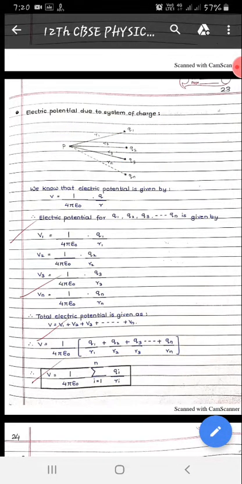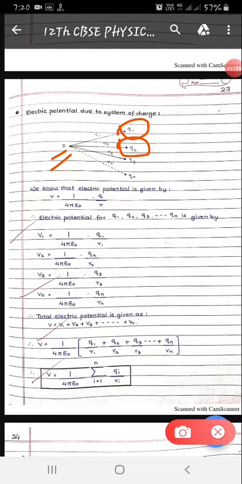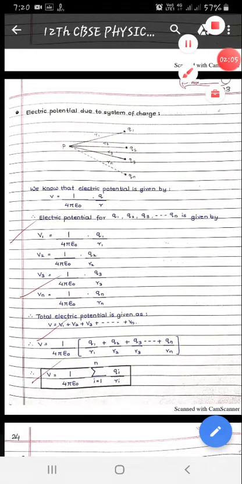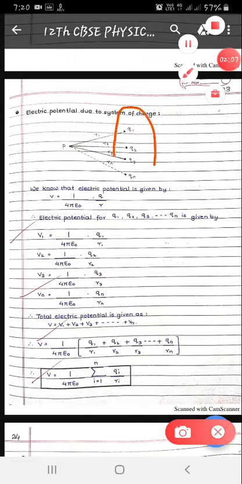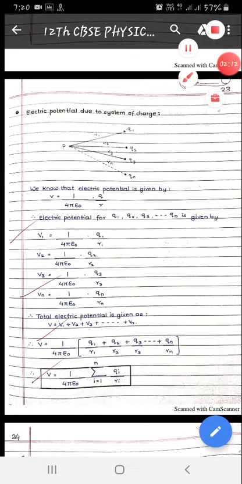Here we are supposed to find the electric potential due to the Q1 charge on point P, similarly the electric potential due to the Q2 charge on point P, up to the electric potential due to the Qn charge on point P. Combinedly, we are supposed to find the electric potential due to all these charges on point P. So we'll start. Consider the number of charges in the system at distances R1, R2, R3, Rn from point P.